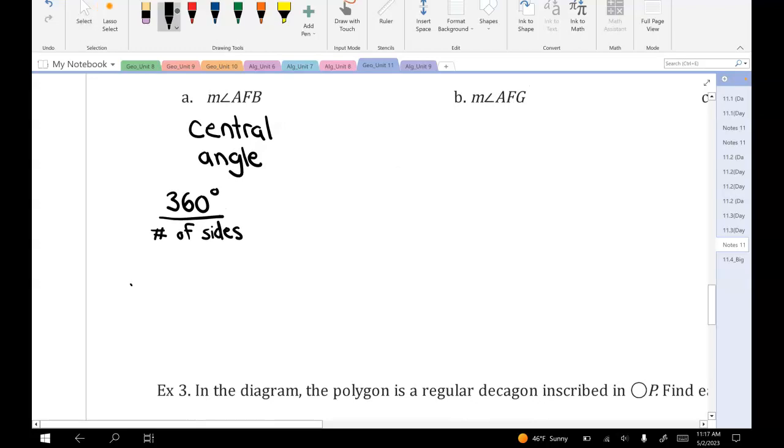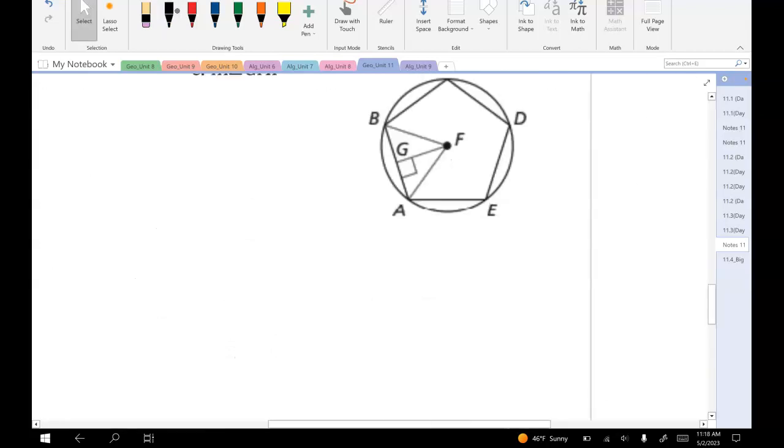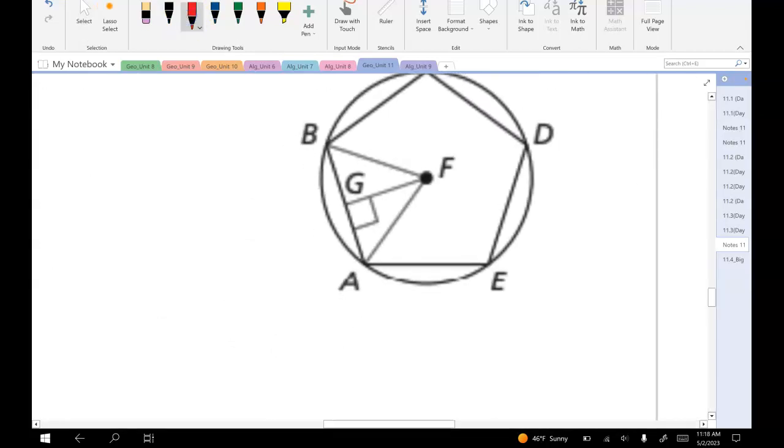So the measure of angle AFB is equal to 360 degrees divided by 5, which will get us 72. I'll give you a second to copy it down, but that's the measure of our central angle, this one right here in red. This is 72 degrees.